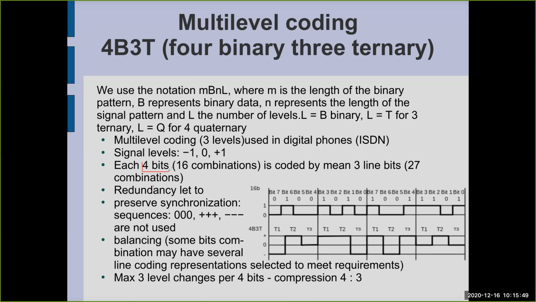Data is split into groups of 4 bits. For 4 bits, we have 16 different combinations. And these 4 bits are coded by using 3 line bits.